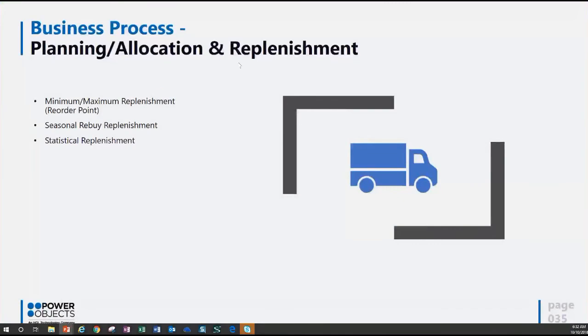Planning and allocation and replenishment, again: minimum, maximum replenishment, reorder points. We can also do seasonal rebuy. For example, for our Christmas stock, we can always go back and look at what we ordered last year and determine based on our sales what we may need to increase our order and do a seasonal rebuy for that. And then statistical replenishment.